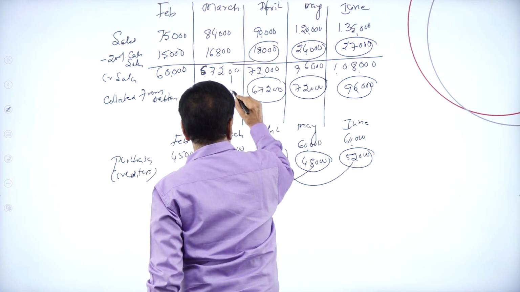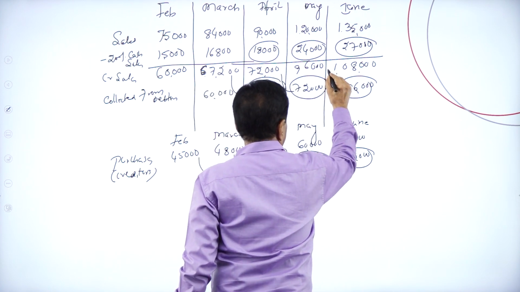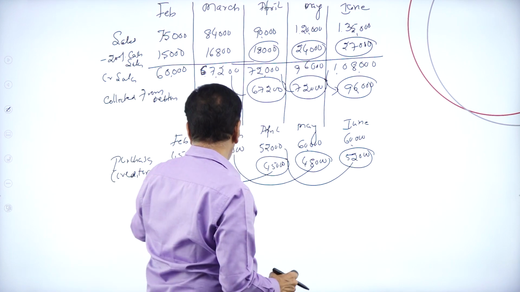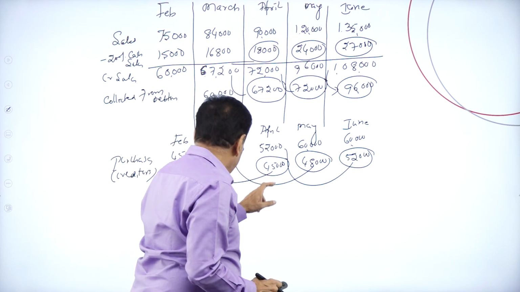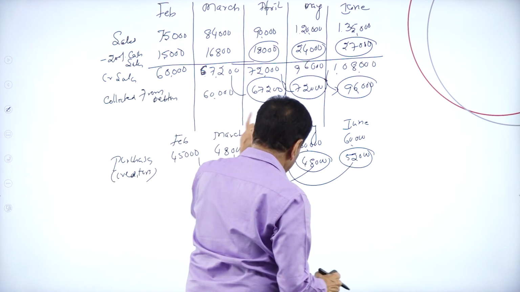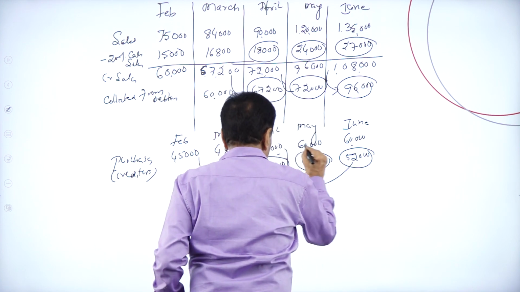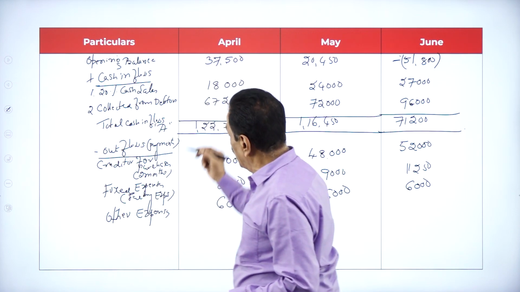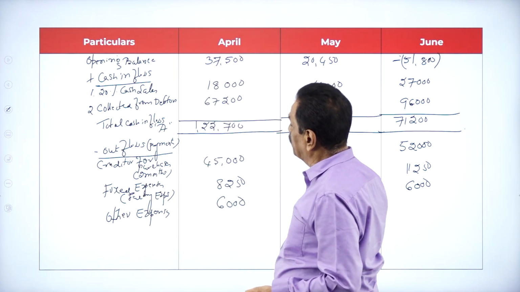This is next month. Here, 2 months. 45 here. February in April, March in April, April in May. This is payment, when all payments have been made after 1 month. That's all. Very simple.